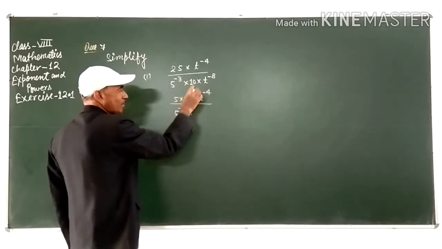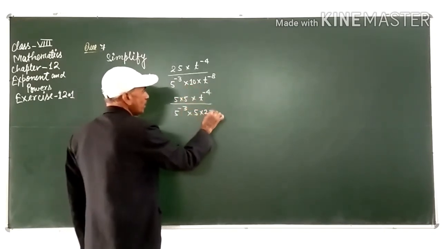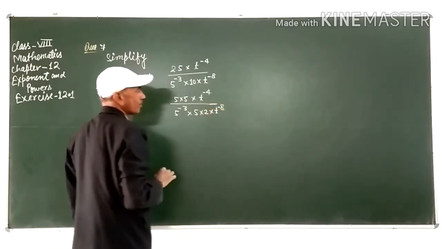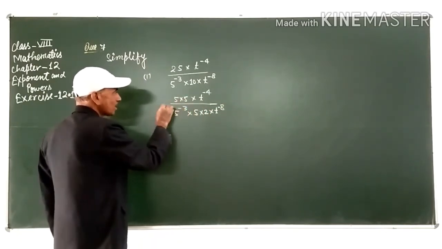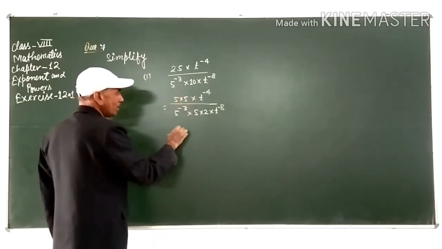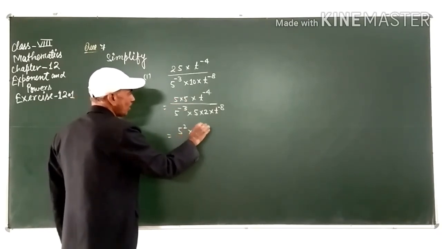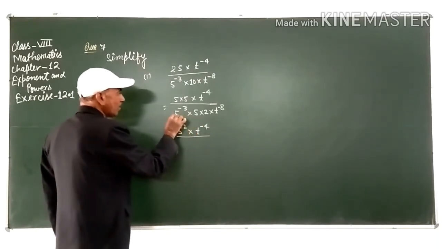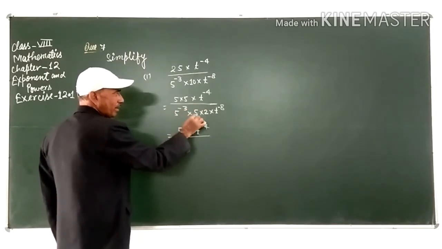Write the factors of 10, that will be 5 into 2 into t to the power minus 8. Now friends, we will solve this, that is 5 to the power 2 into t to the power minus 4, and here 5 to the power minus 3 into 5 to the power 1.